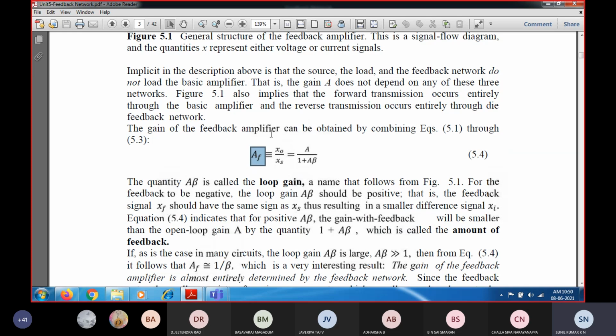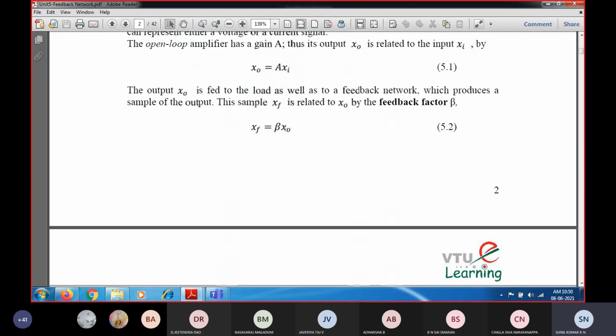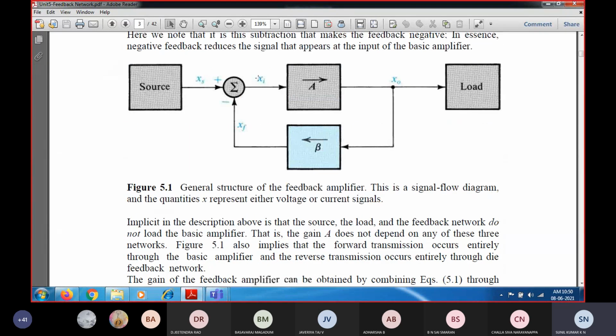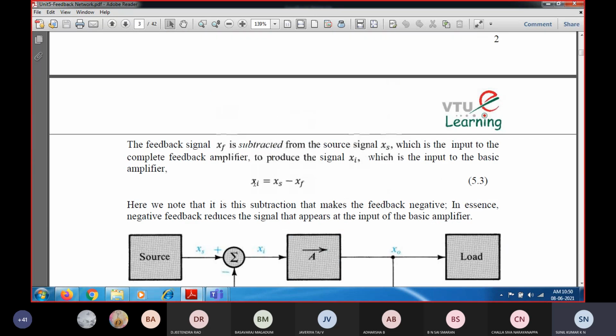So the gain of the feedback amplifier is x naught divided by xs. Here x naught is equal to A times xi, and xs is equal to xi plus xf, from expression 5.3: the signal source xs equals the input signal to the amplifier xi plus xf.